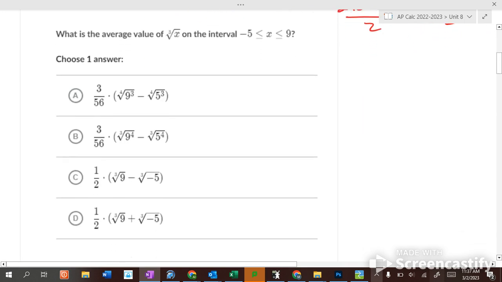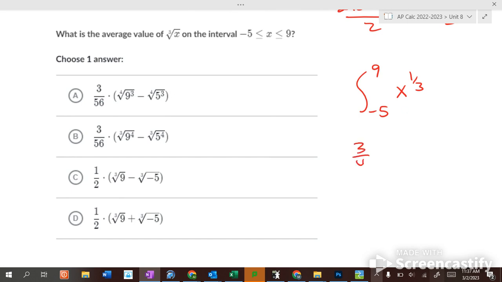So what one would this be? Well, we take the definite integral from -5 to 9 of x to the 1/3 power. So if we do that, we get 3/4 of x to the 4/3 from -5 to 9, and then 9 minus a -5.